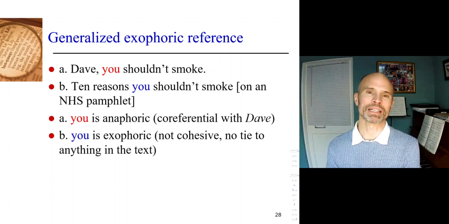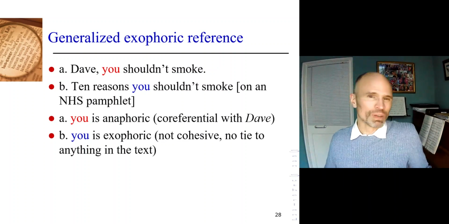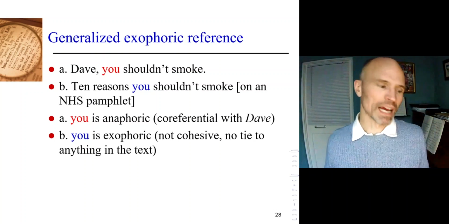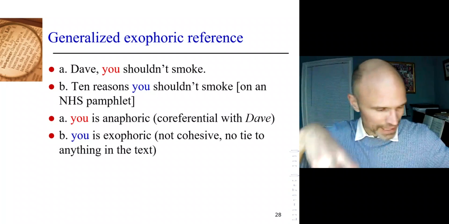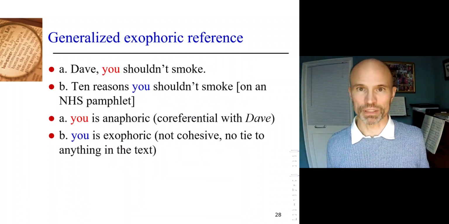I heard the librarian when my daughter was young say something like, "Children, we don't run in the library." Now, she said, "we don't run," but did she really just mean I, the librarian, and you children? We know that actually she means generally everyone, right? No one should be running in the library. So when she says, "we don't run in the library," she doesn't really mean us that are here right now. She means no one should run in the library. Generalized exophoric reference.